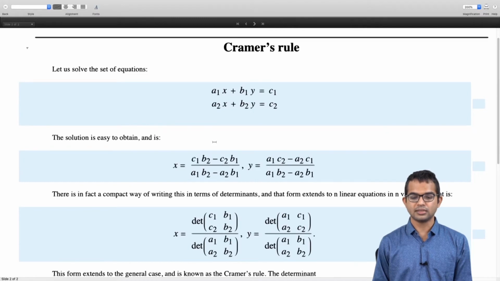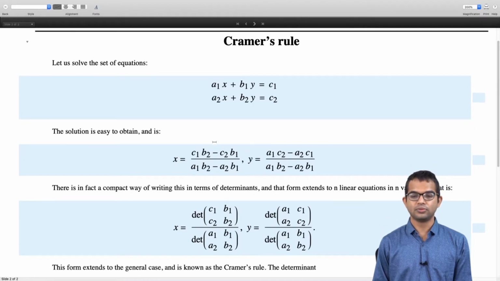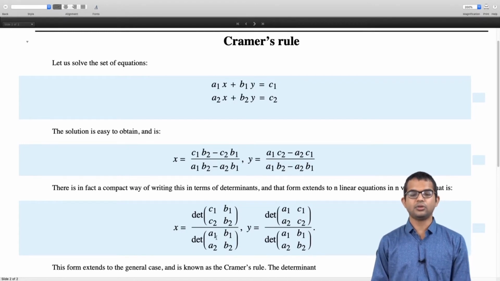So x is a determinant: you form the coefficient matrix with a1 a2 and b1 b2, and you put that in the denominator and find its determinant.